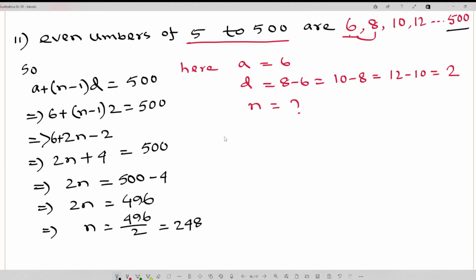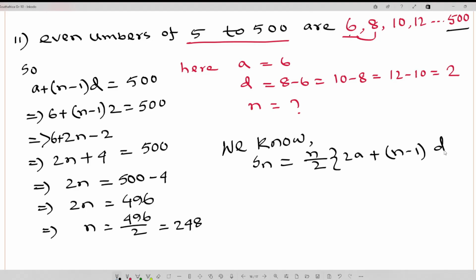Now we know Sn equals n divided by 2 times 2a plus n minus 1 times d.